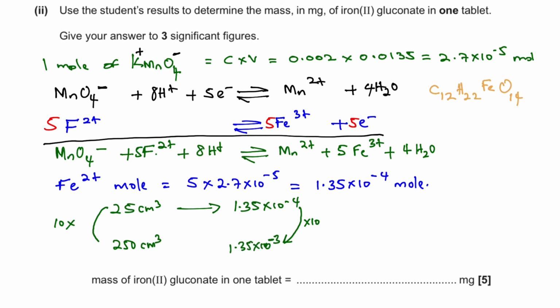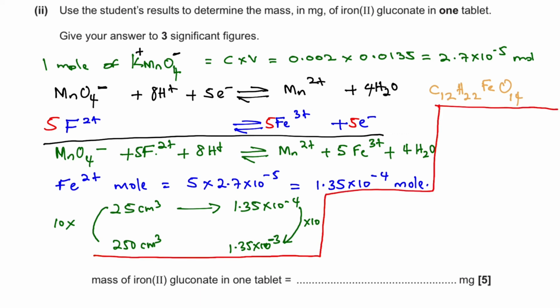Now what we need to do is work out the mass of iron in the tablet. We got 2 tablets, so that one is for 2 tablets, remember? We need to calculate for 1 tablet, so we need to divide this by 2.